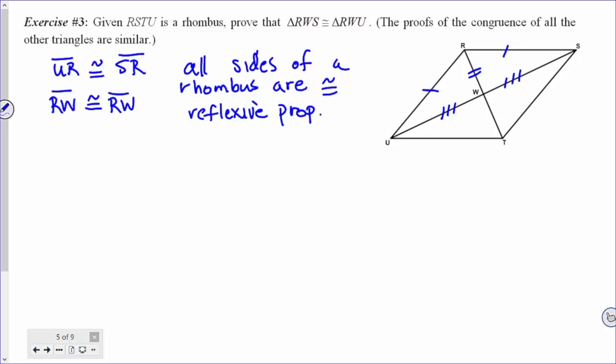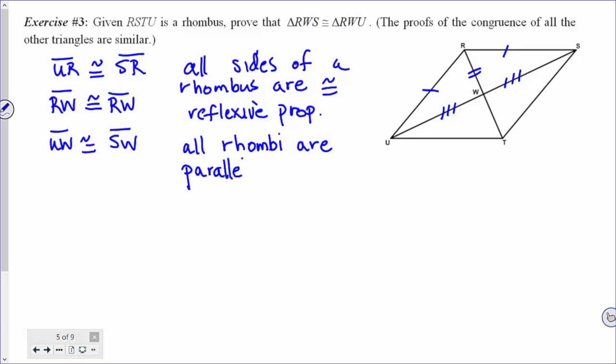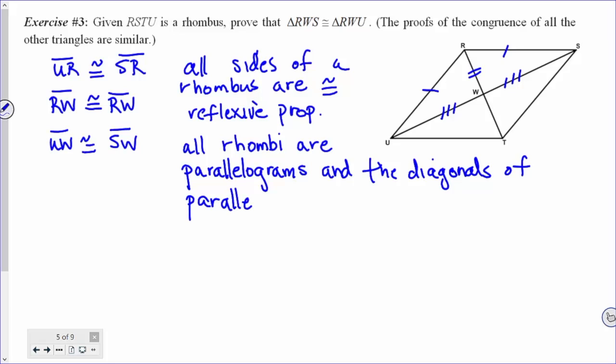Okay, and then I can say that UW is congruent to SW, because all rhombi are parallelograms and the diagonals of parallelograms bisect each other.